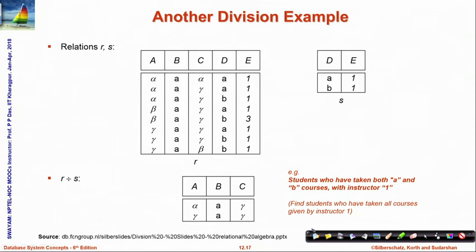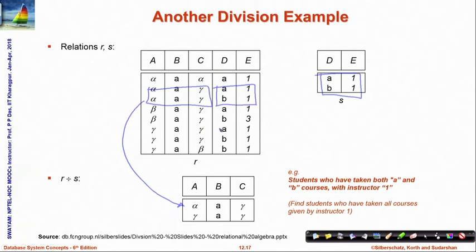So, if we look here, this is A 1 B 1, A 1 B 1 here, these are identical. So, this particular tuple will go into the result.